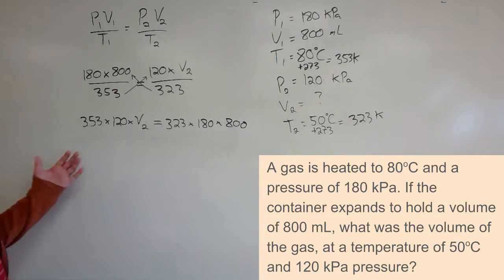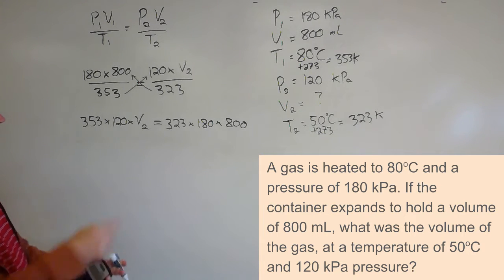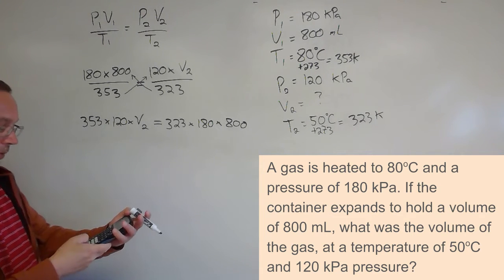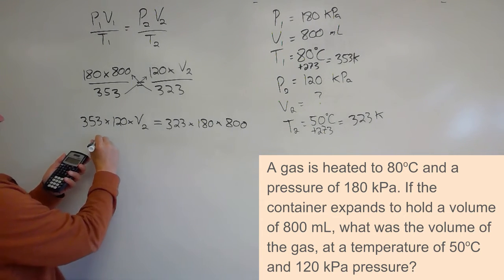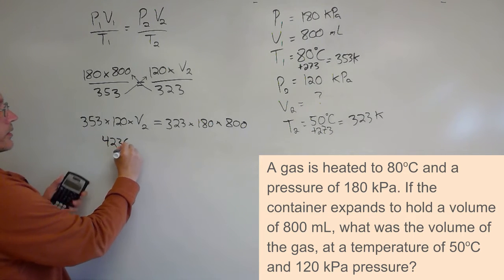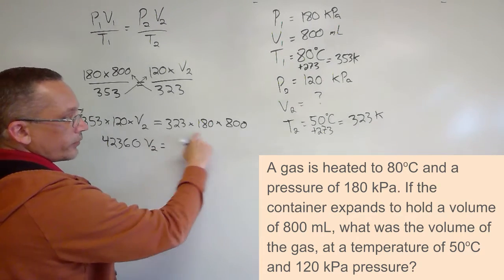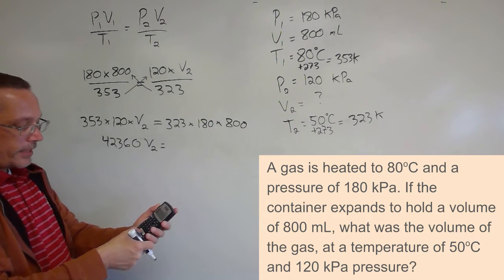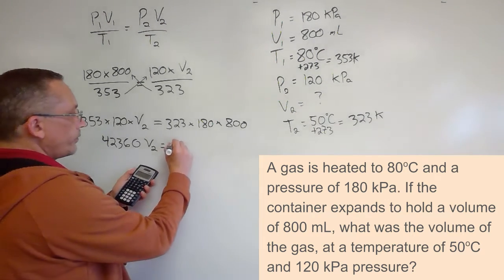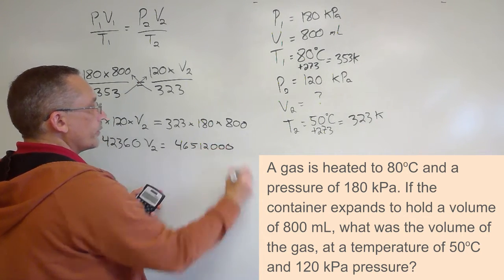On my next step, I'm just going to simplify things. I'm going to take my calculator and multiply 353 times 120. I'm going to get some big numbers here: 42360 times V2. Then on this side, I'm going to multiply those three numbers, 323 times 180 times 800, and I get a really big number, 4651200.